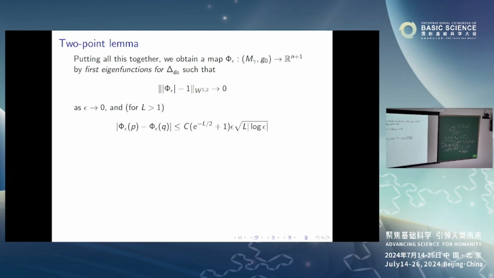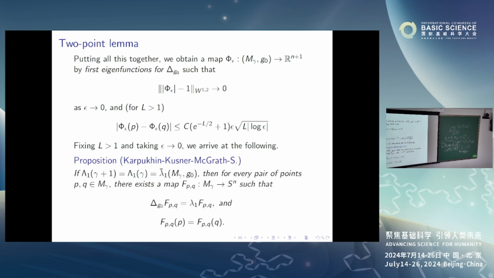Where the log there is just the price you pay for W12 not quite embedding into C0 in dimension 2. And so if we just take epsilon going to 0, what have we actually ended up with here? Well, we see that if this inequality fails, then for every pair of points in our lower genus surface, because remember I chose an arbitrary pair of points to start, there exists some sphere-valued map by first eigenfunctions identifying those two points.